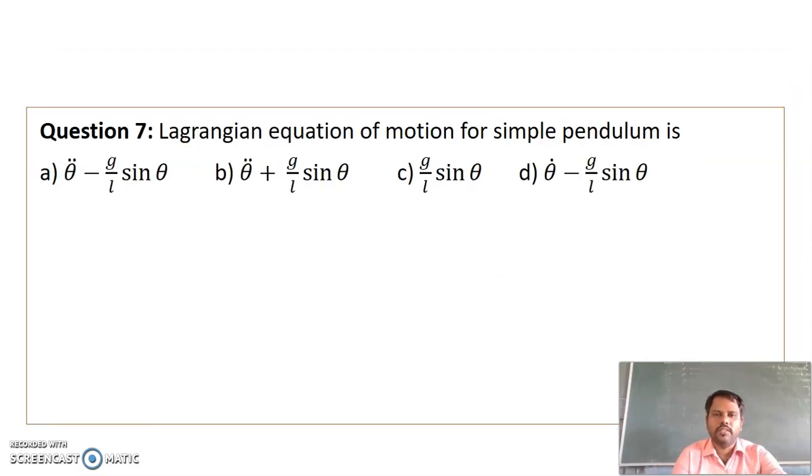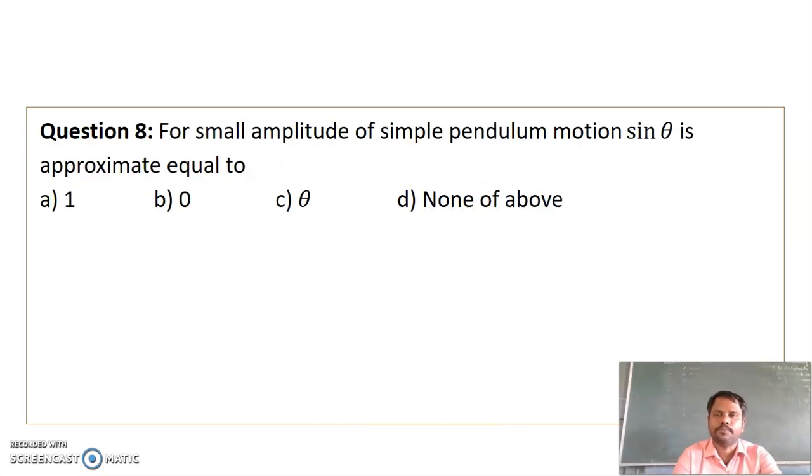Question number 7. The equation of motion for a simple pendulum is theta double dot plus g by L sine theta is equal to 0. This is a general expression. For a small amplitude, sine theta should be replaced with theta. Question number 8. For small amplitude of a simple pendulum motion, sine theta is approximately equal to theta.